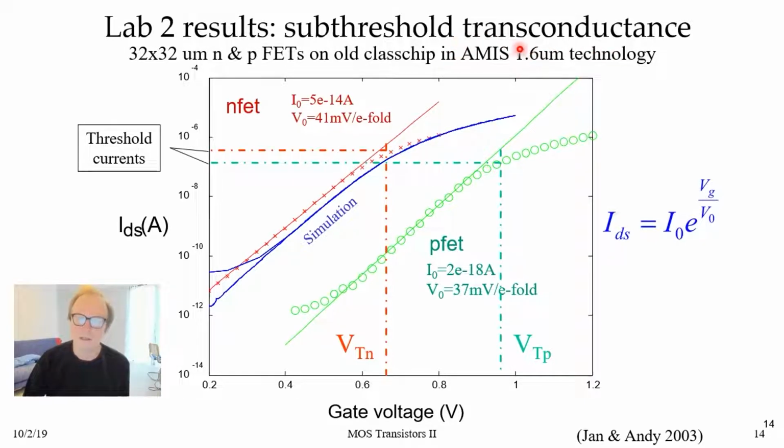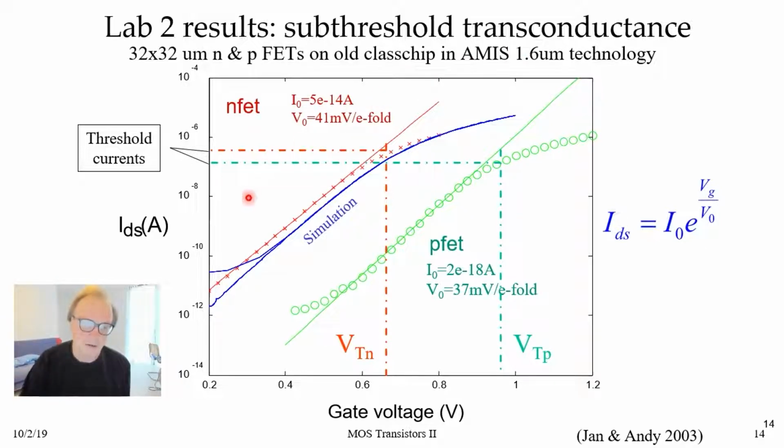AMIS 1.6 micron technology was a power CMOS technology aimed towards power electronics. It had options for high thick oxide transistors and so on to make power electronics like high voltage stuff.